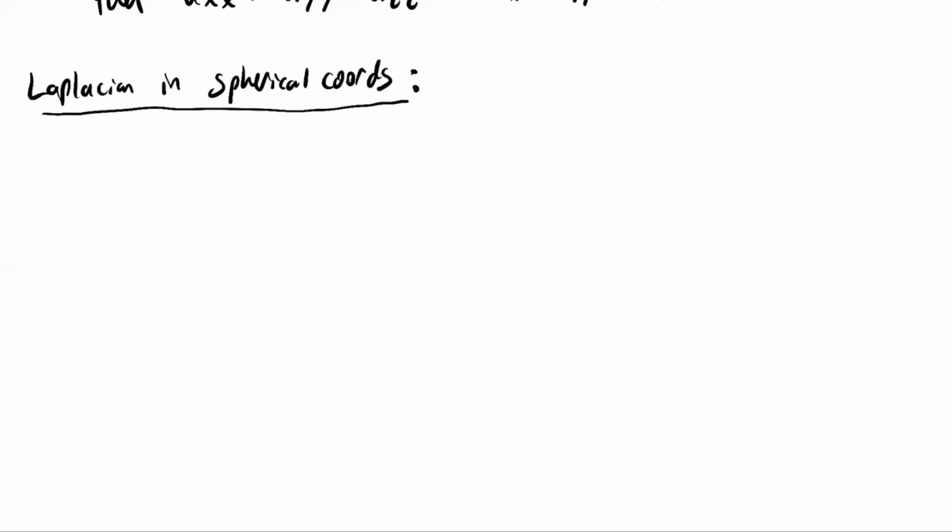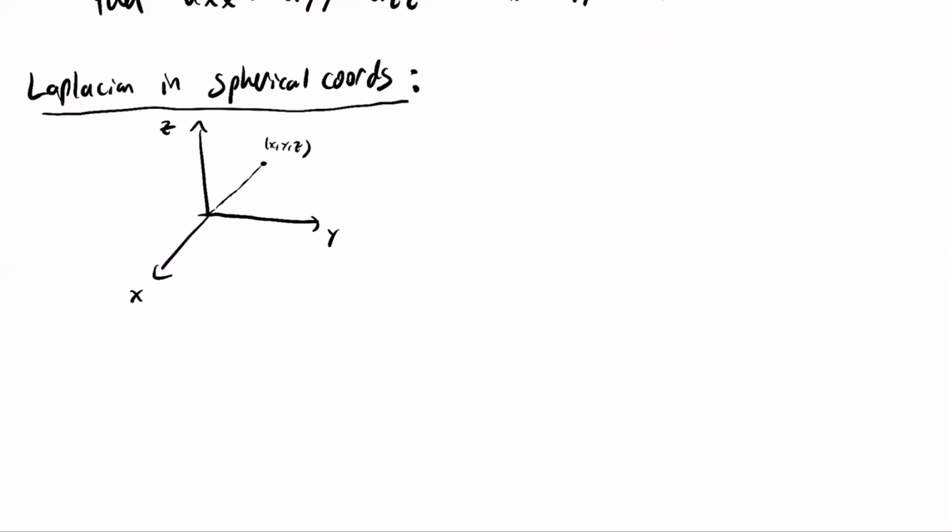Right, and so let's suppose we use the standard coordinate system in 3 dimensions. So let's say this is the x-axis, this is the y-axis, and this is the z-axis. And let's fix a particular point, say x, y, z in the 3D coordinate system.